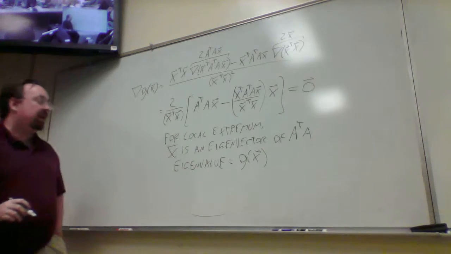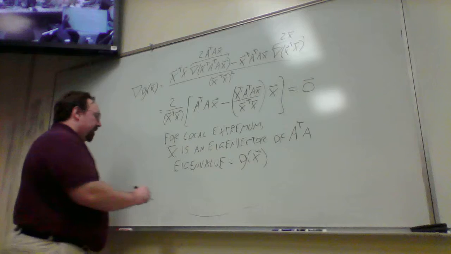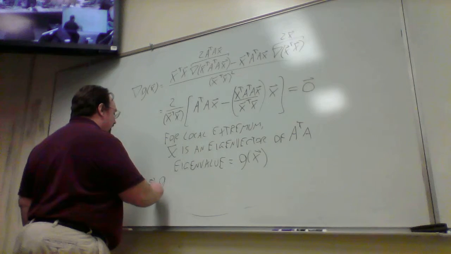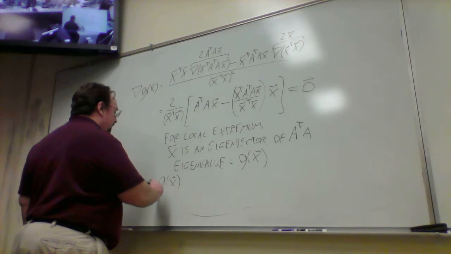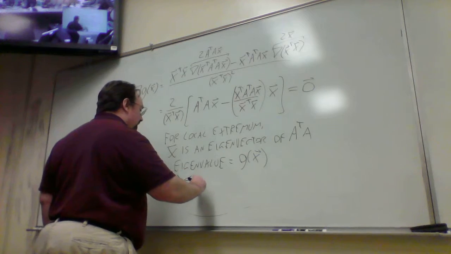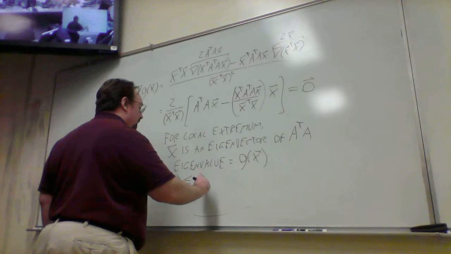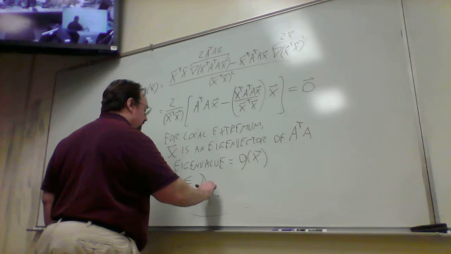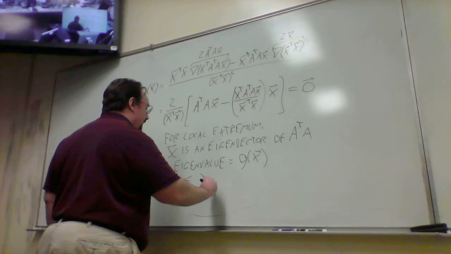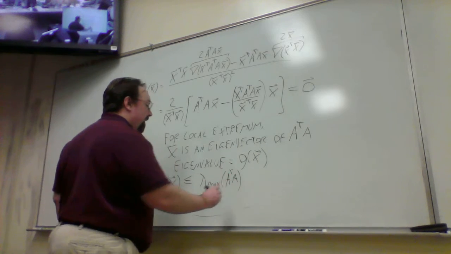So what that means is g of x, its maximum is the largest eigenvalue, so I use notation lambda max, of A transpose A.